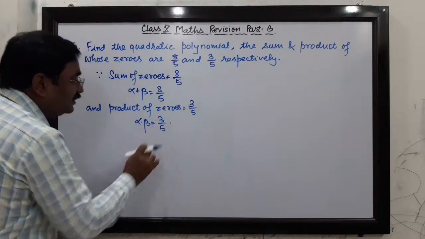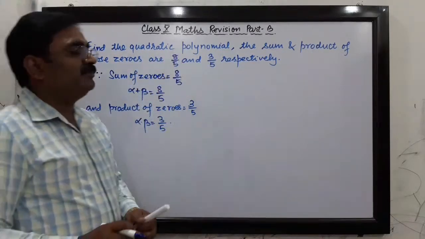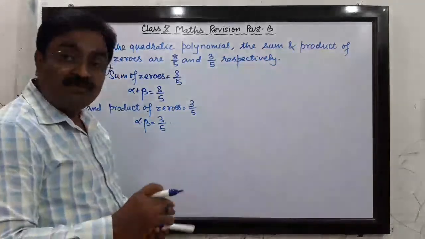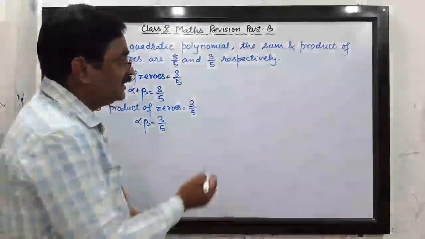Right? Now you are going to find the quadratic polynomial by the formula method. So formula क्या है?